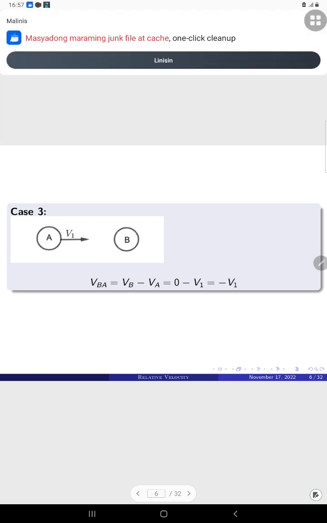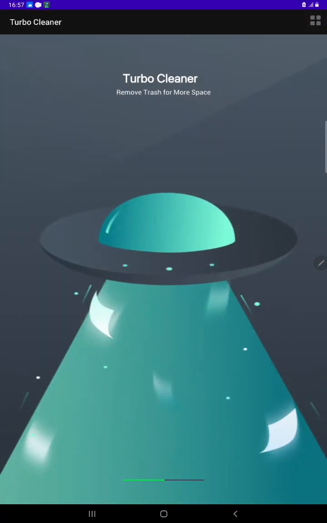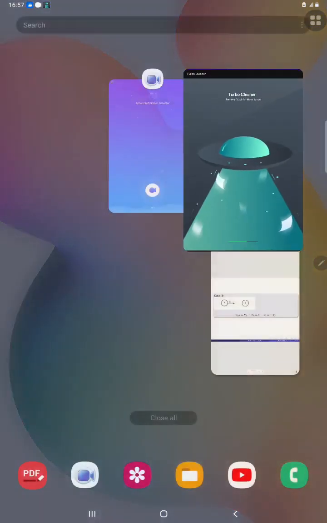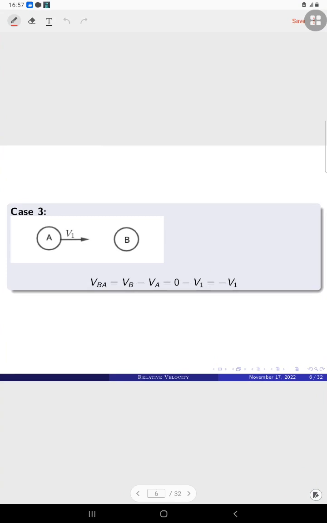If I want to find VBA, VBA is going to give us VB plus minus VA as usual, which is VB minus VA.